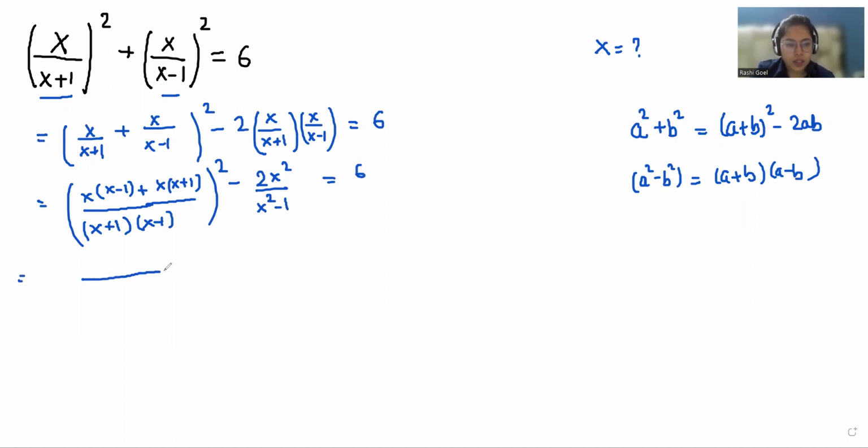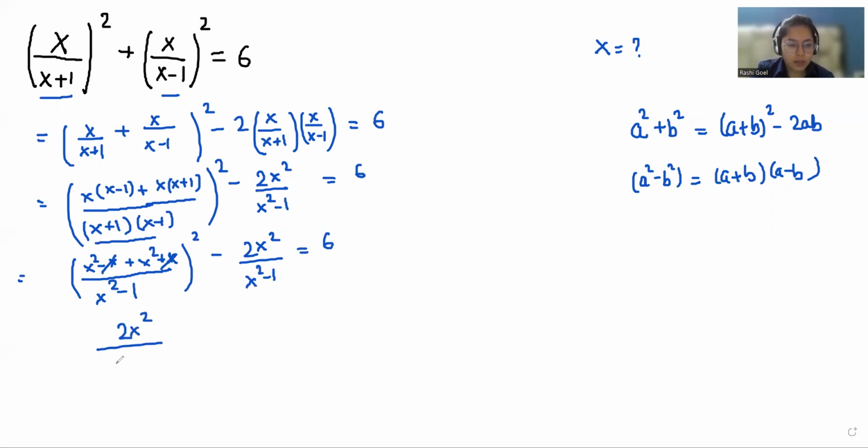If we solve this bracket, above we multiply x with the brackets: x² − x + x² + x, whole square, minus 2x² over x² − 1 equals 6. Now −x and +x eliminate, so we get (2x²/(x²−1))² − 2x²/(x²−1).